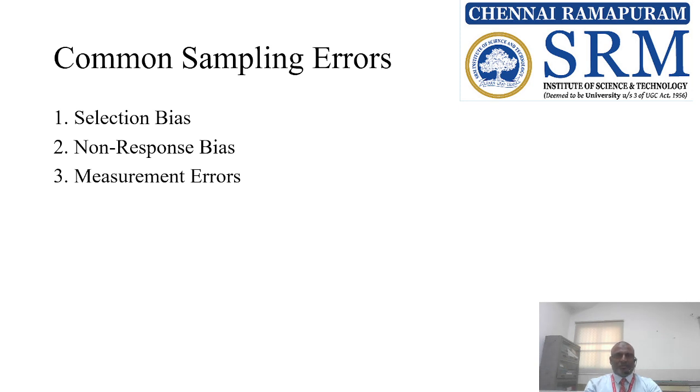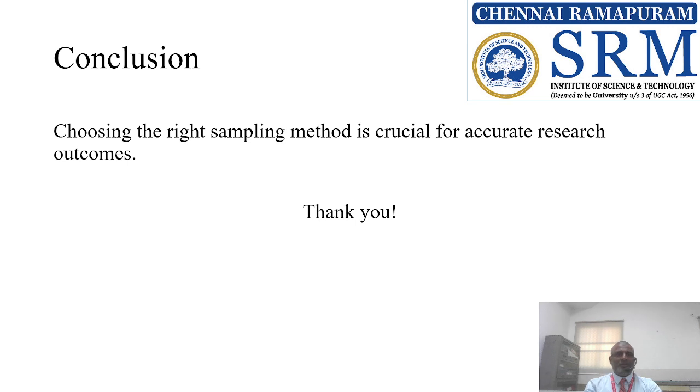And measurement errors arise from selecting an inadequate or wrong scale for the questionnaire. And finally, choosing the right sampling method is crucial for accurate research outcomes.